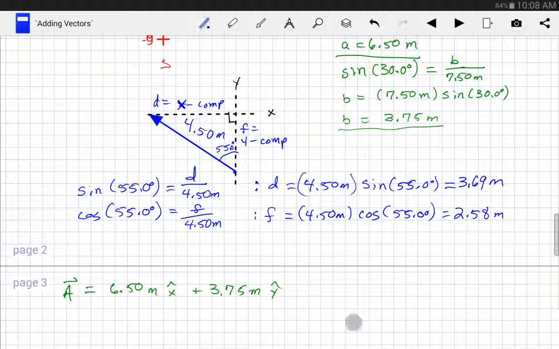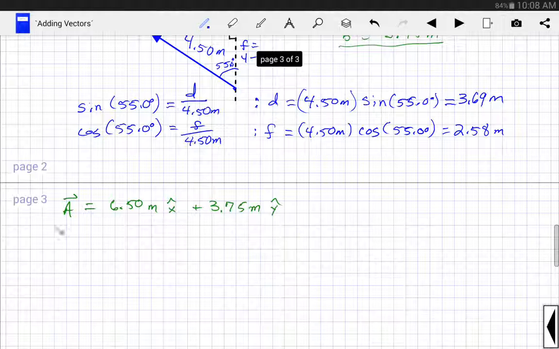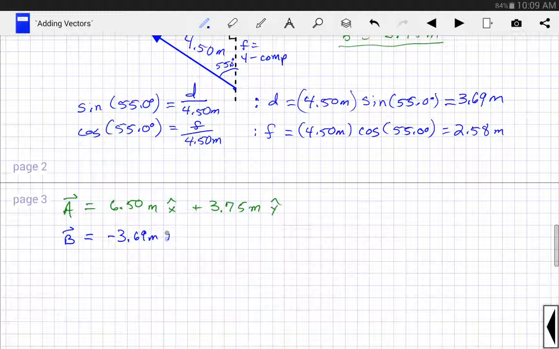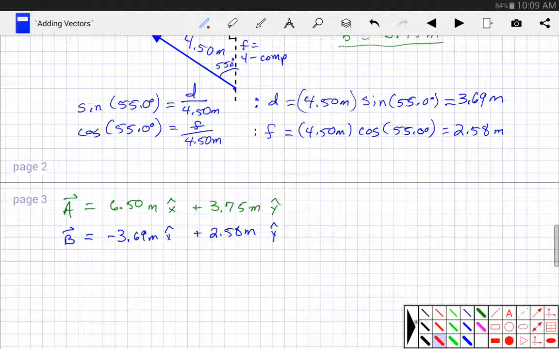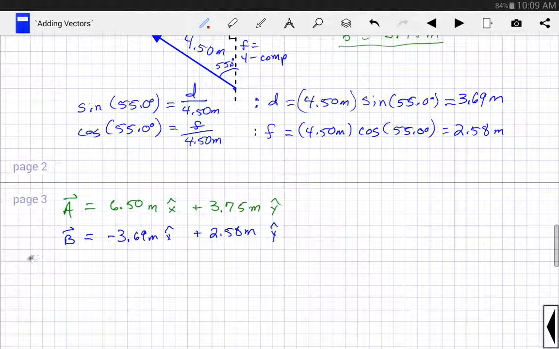And vector B is minus 3.69 meters x hat, minus because it was going to the left, plus 2.58 meters y hat. Now if I'm going to add these up, remember we add apples and apples, oranges with oranges.